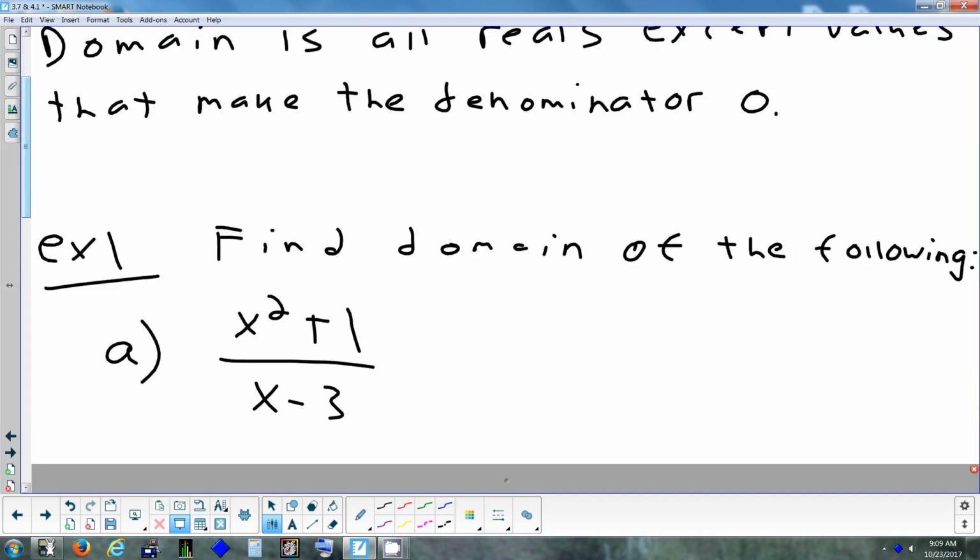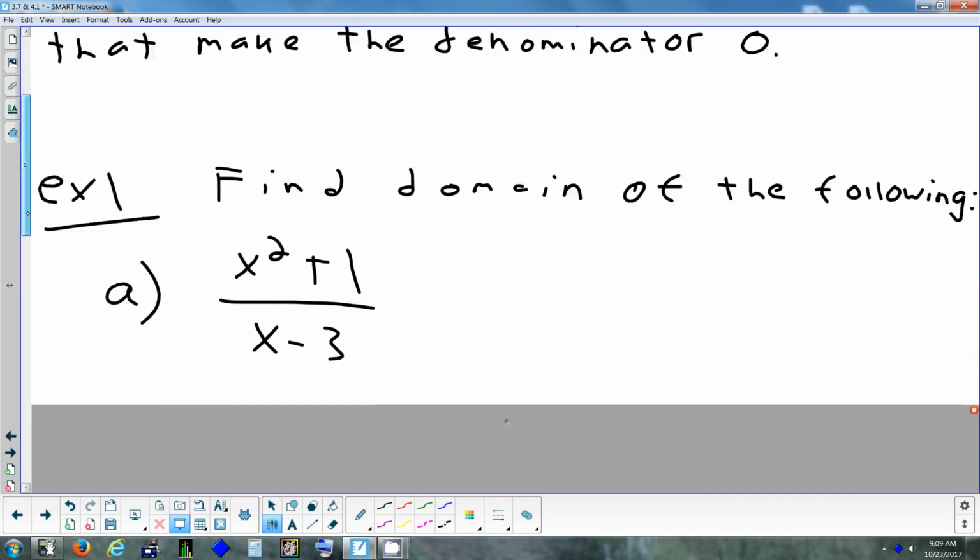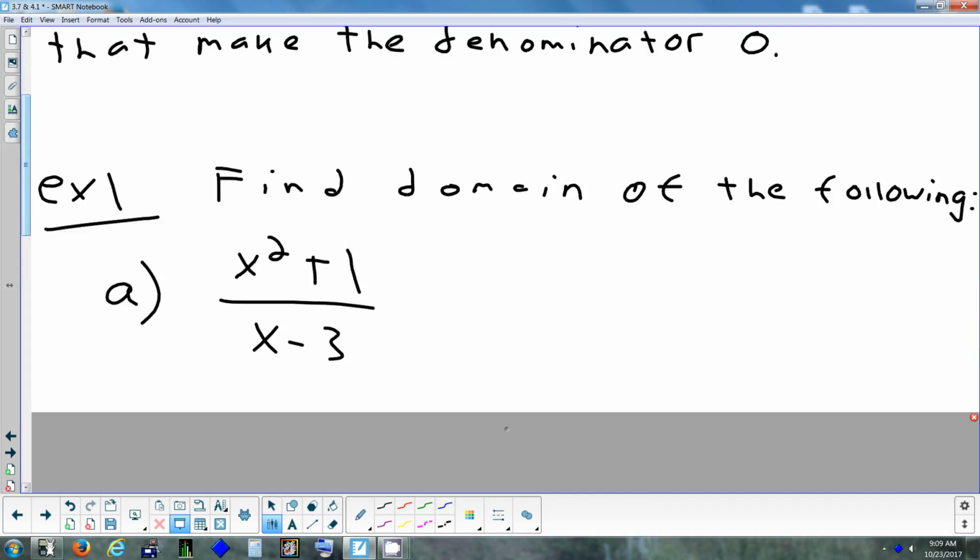Okay. So let's see if we can find the domain of some of these functions. Okay, what's the domain here? How about, and I'd like you to word it and tell me what it is. You can word it either way. We're going to do both. You're going to tell me what it is and then tell me what it isn't.